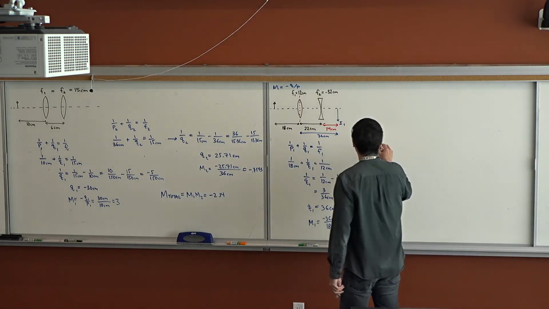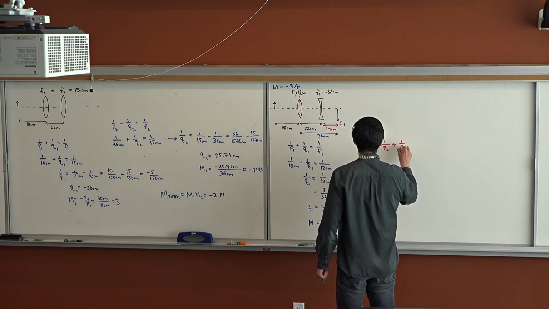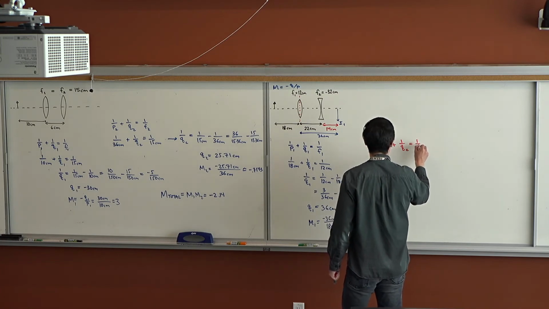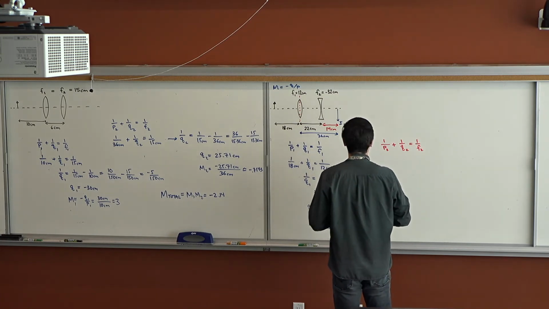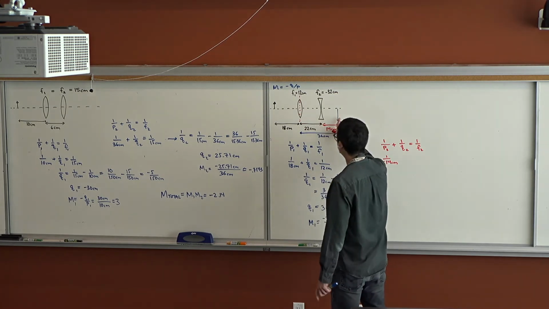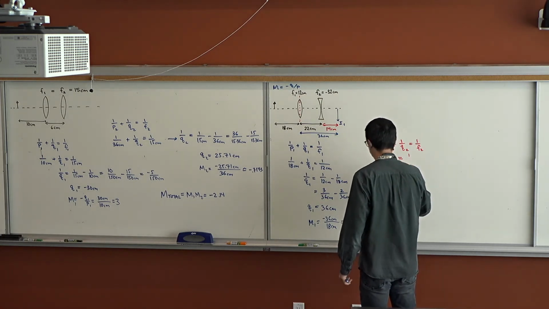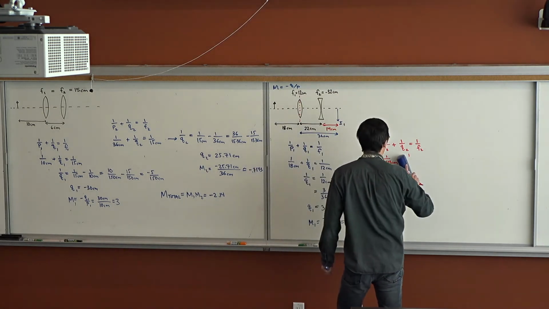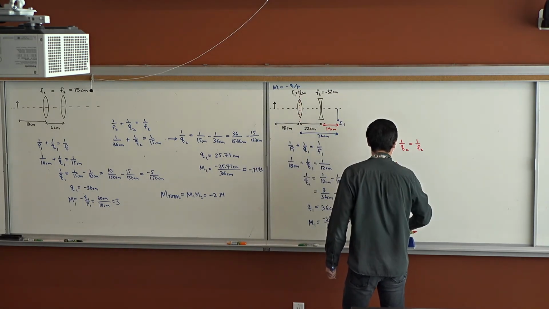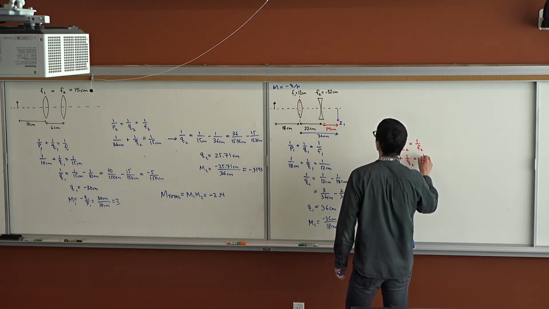We can say that 1 over P2 plus 1 over Q2 is equal to 1 over F2. And so 1 over minus 14 centimeters, minus because it's on the other side, right, plus 1 over Q2 is equal to 1 over minus 32 centimeters.